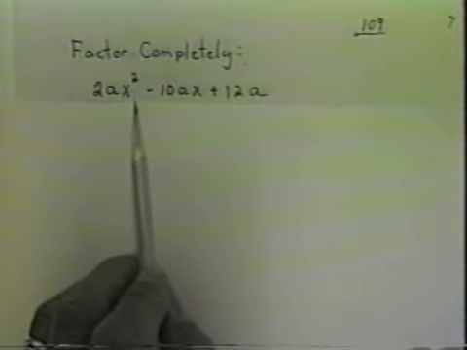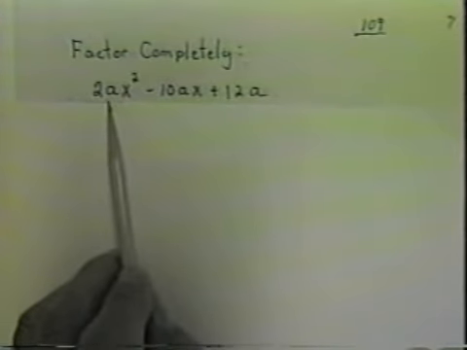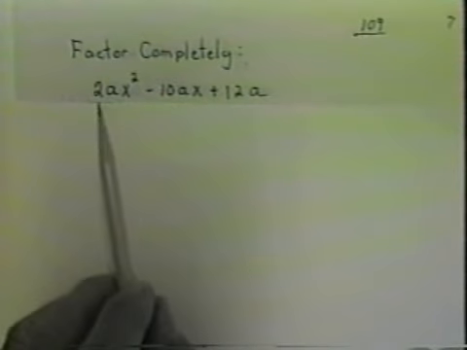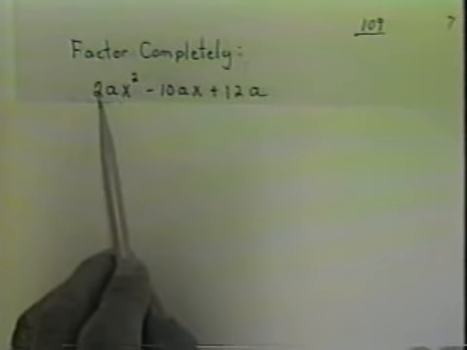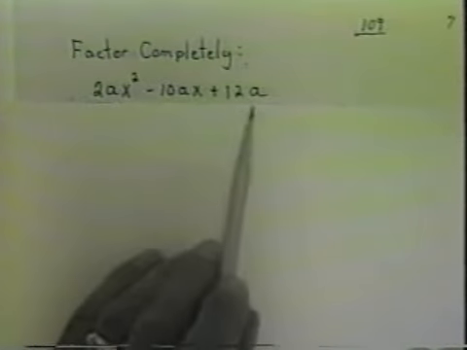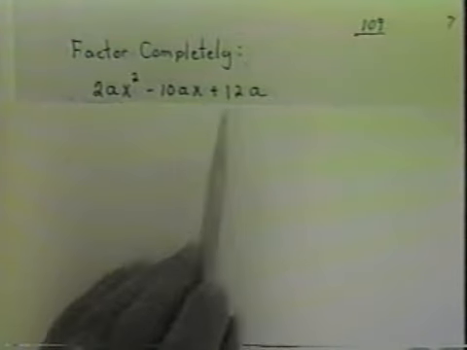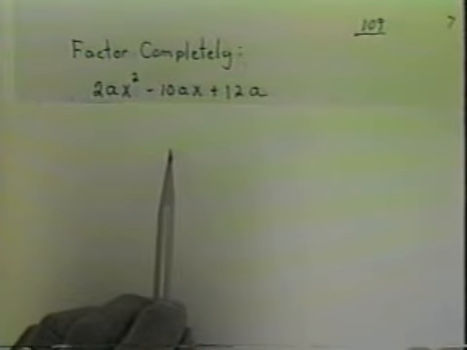Now in 2ax squared minus 10ax plus 12a, we have a common factor of 2a. The largest number that divides all three numerical coefficients is 2. The variable common to all three terms is a, and since it has exponent 1 in all three cases, the smallest exponent is 1.